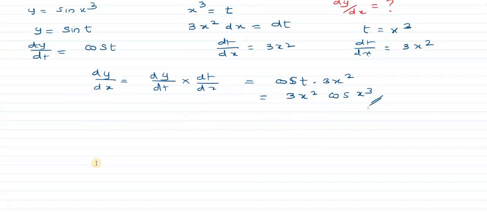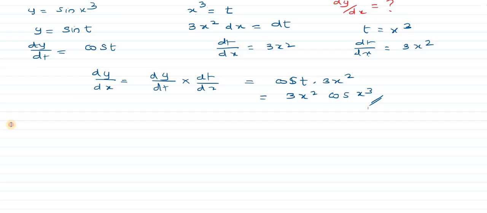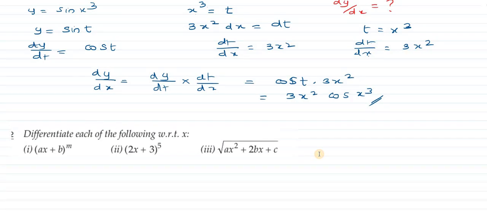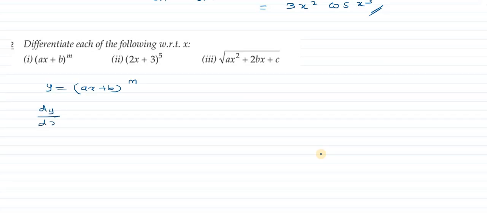Okay. Next is what? The more and more you practice, it will be easy for you. Only practice makes you perfect in calculus. Okay. So what it is? Y equal to ax plus b to the power m. Again, what it will be? Dy by dx, I am differentiating with respect to x. So first power.